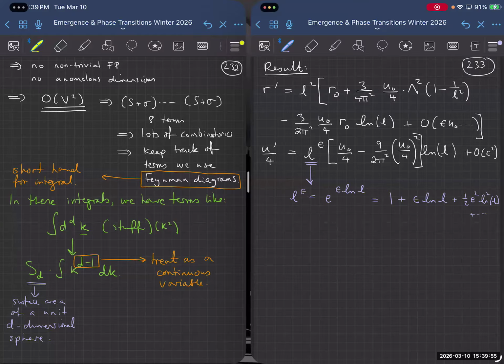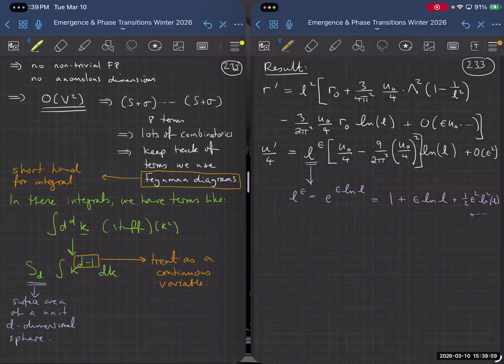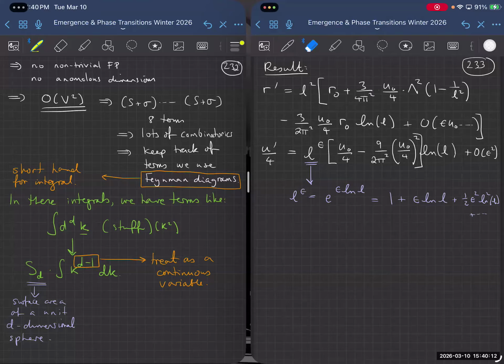Then I take that expansion and plug it into the formula for U prime. When I've done that, I get, as my RG recursion relations, R prime equal to, well, L squared stays the same, so R prime stays the same. Don't need to repeat that.